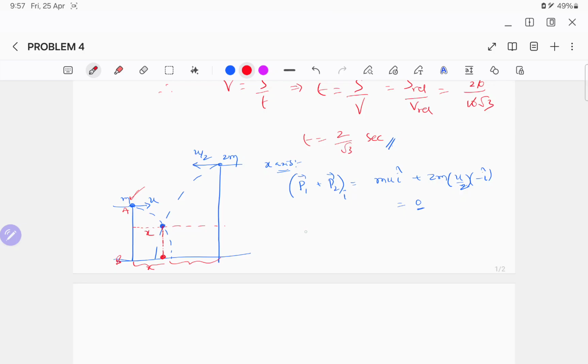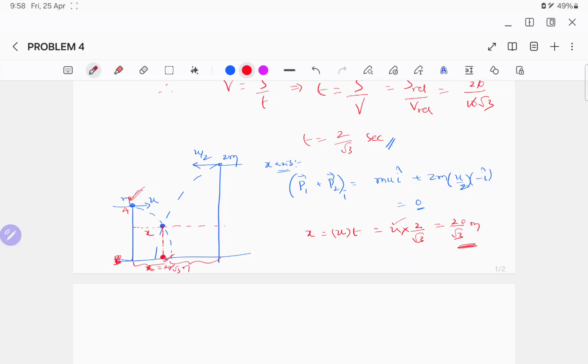The horizontal displacement of this projectile is the horizontal component of velocity into time taken. The time taken to move from here to here is the time taken to collide. So u into 2 by root 3 as time, with u as 10, gives 20 by root 3 meters. So this value is the position where the combined system landed on the ground from the foot of the tower AB, at a distance of 20 by root 3 meters.